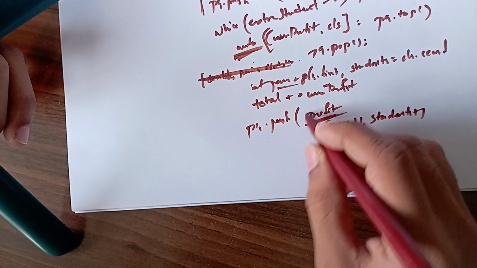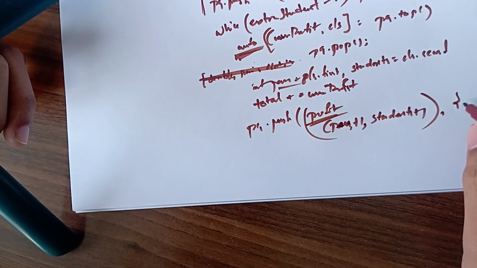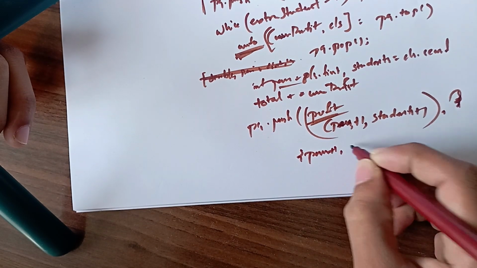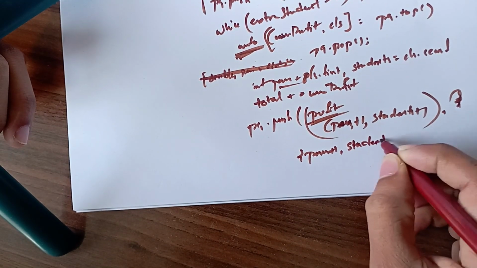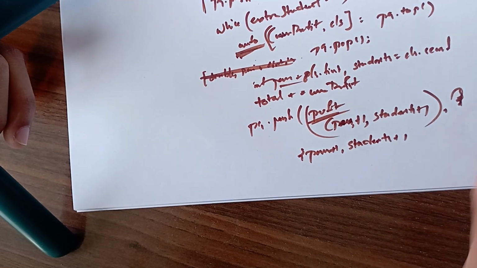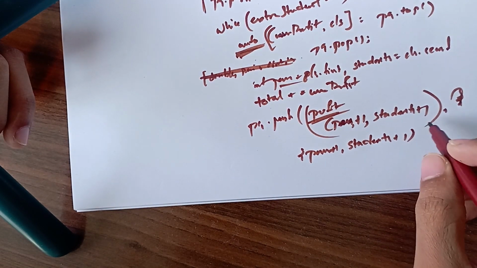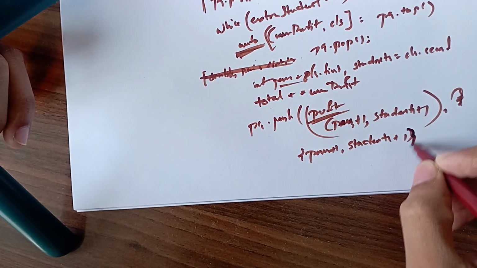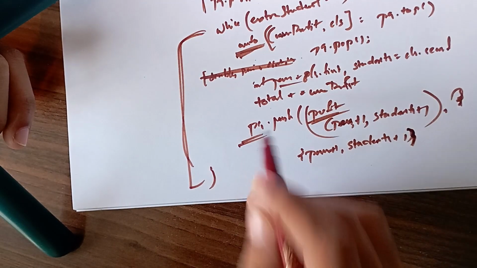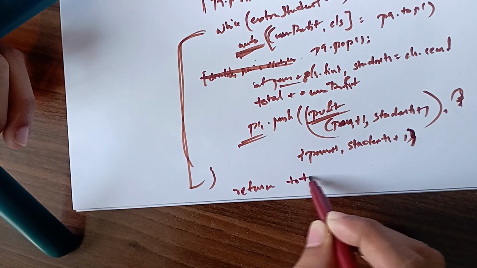We will be storing this profit, and we'll also store passing students plus 1, and that means we have incremented one extra student. We have incremented the number of passing students in this class, and we'll be storing that in our priority queue. After this while loop, we will be returning our total.